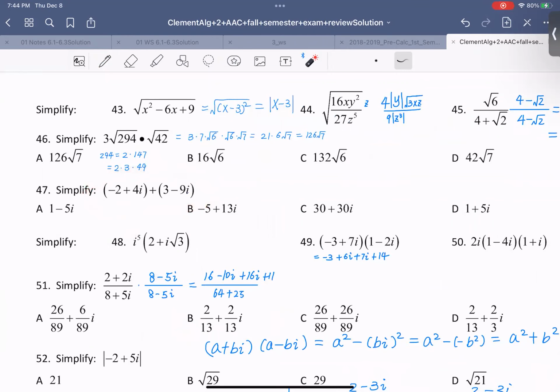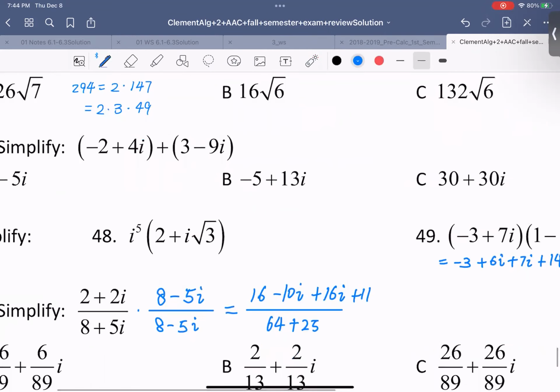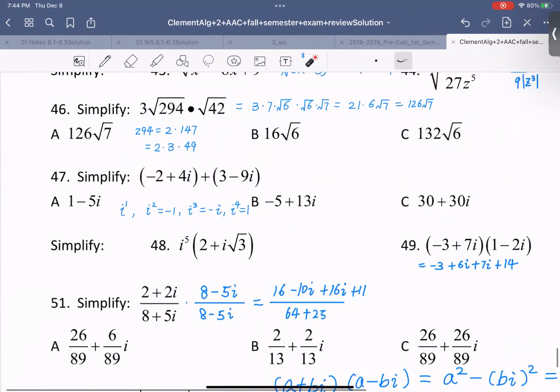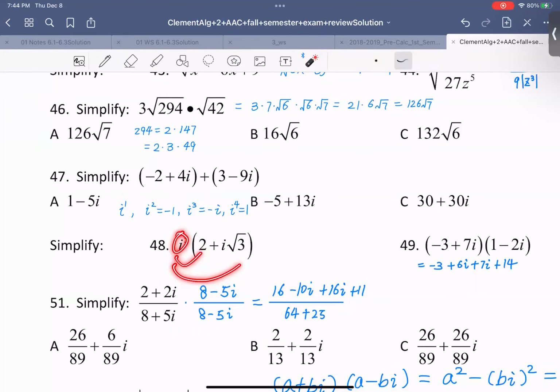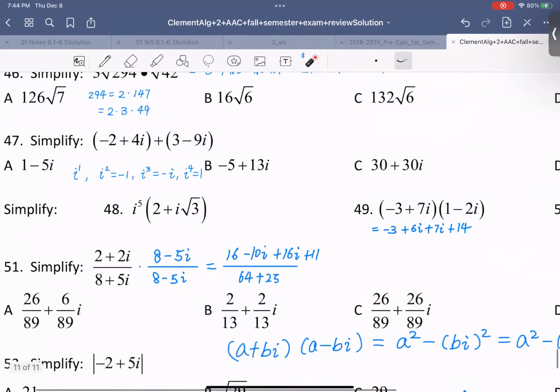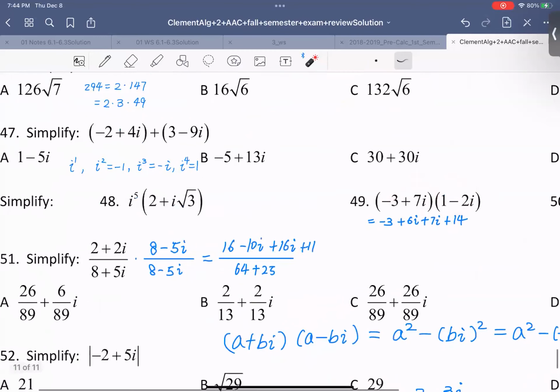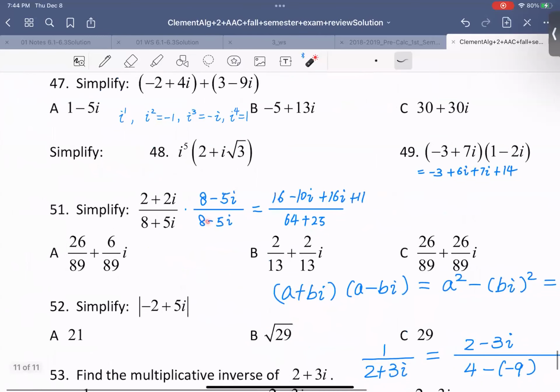This thing, I to the power of a number: I to the power 1 is I, I squared is -1, I cubed is -I, I to the power 4 is +1. Based on that, nobody has trouble here. That's easy. Well, this thing I'm going to call a student to do with me together.